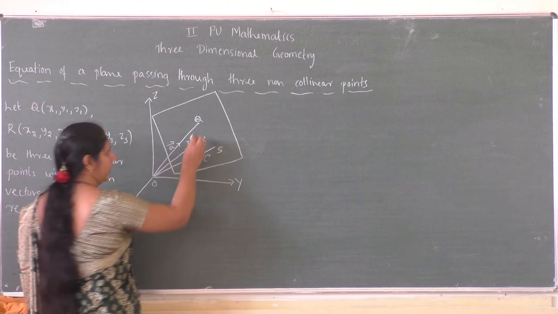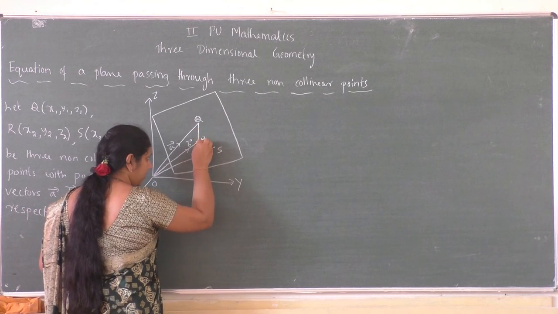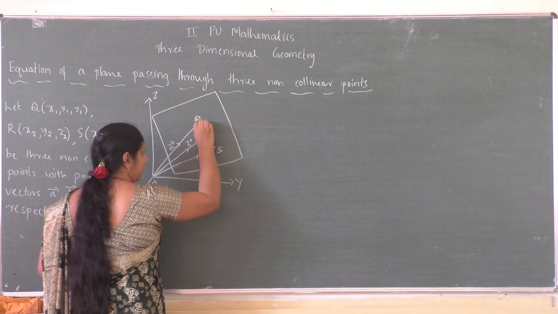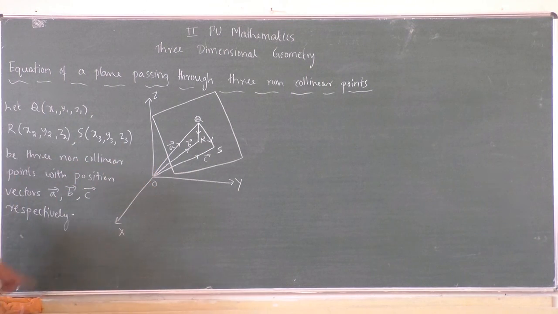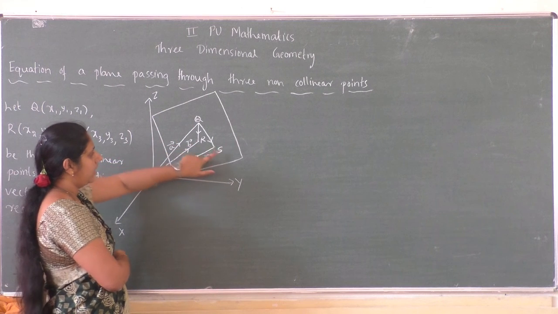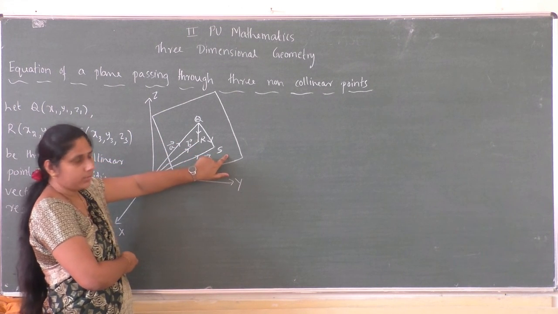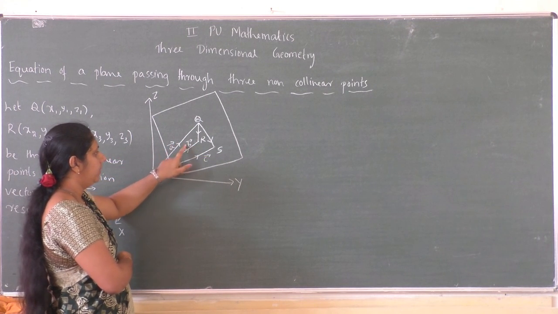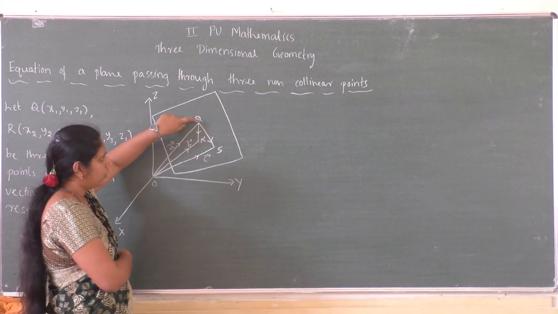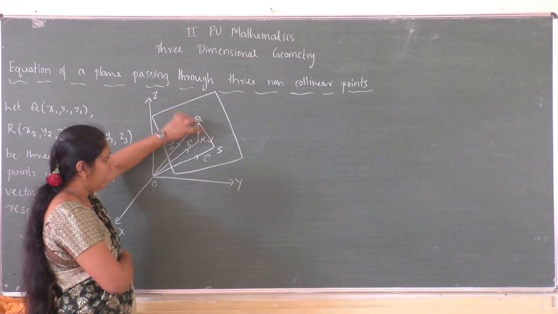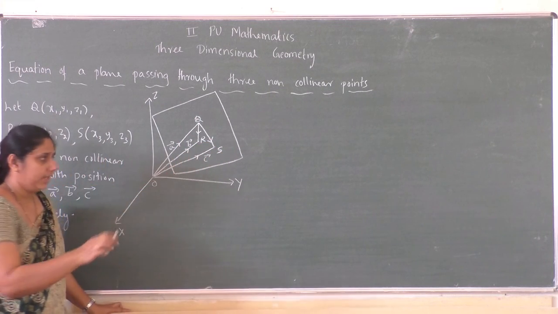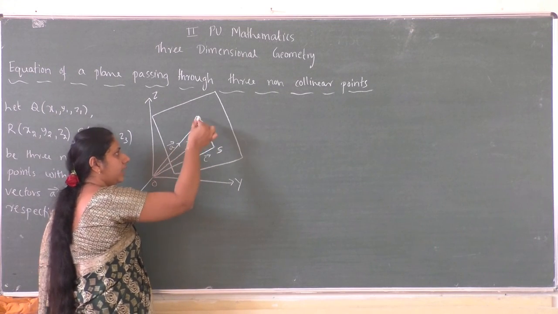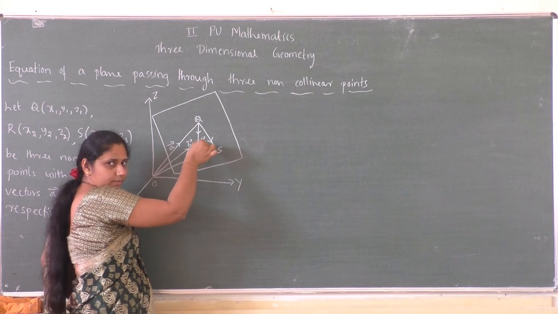Now I will join QR and QS. See, here Q, R and S are 3 non-collinear points with the position vectors A vector, B vector and C vector. Now you have to join QR and QS. Since these 3 points lie on the same plane, QR vector and QS vector lie on the same plane.